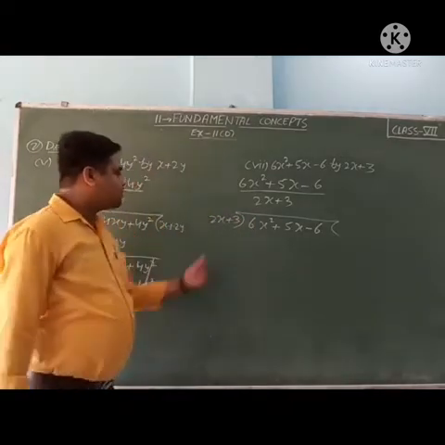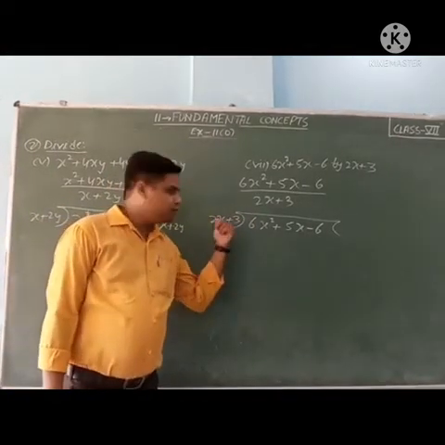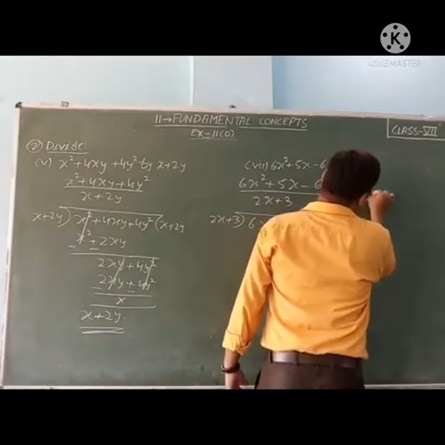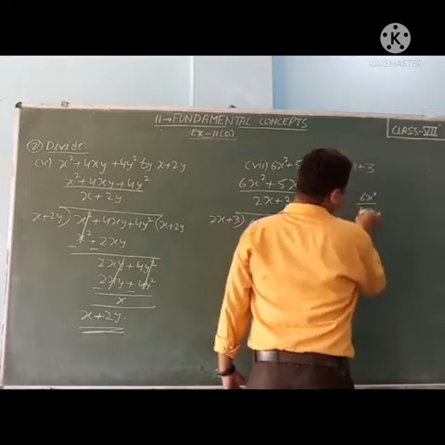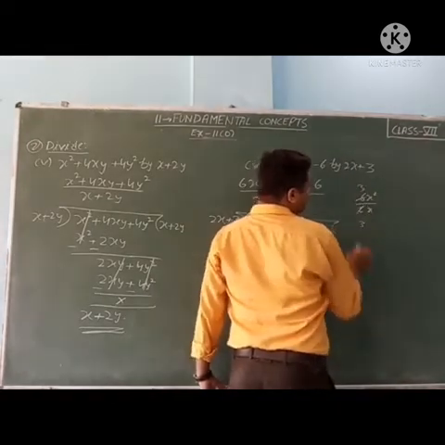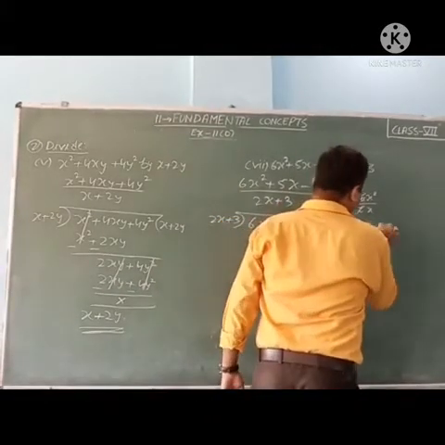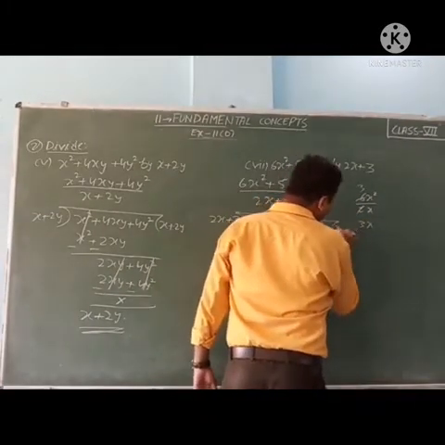So by which number or term we will multiply in 2x, that will become 6x square. So 6x square upon 2x. We can do this. So 2 3s are 6. About power of x, 2 minus 1, 1. It means 3x. So we will multiply by 3x.